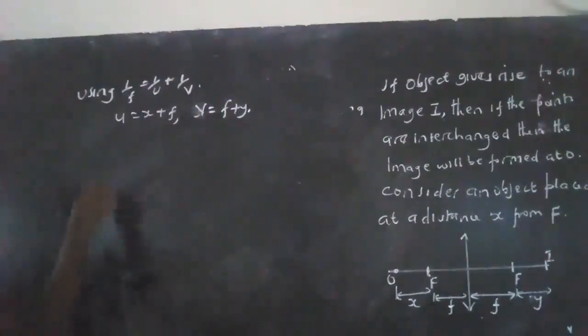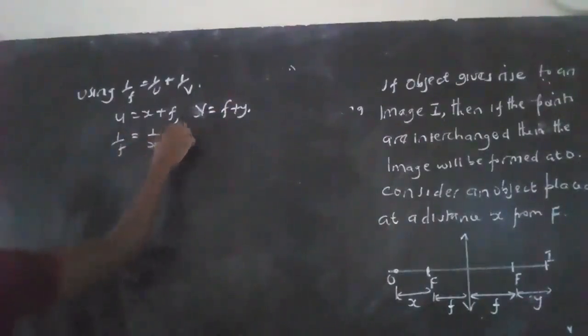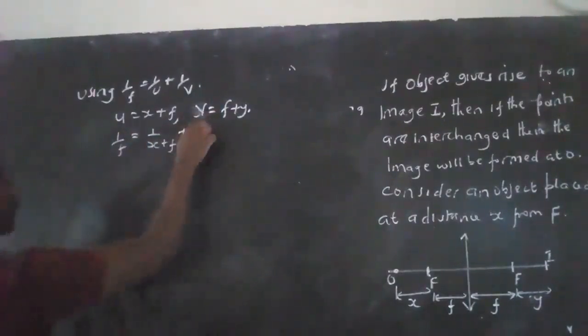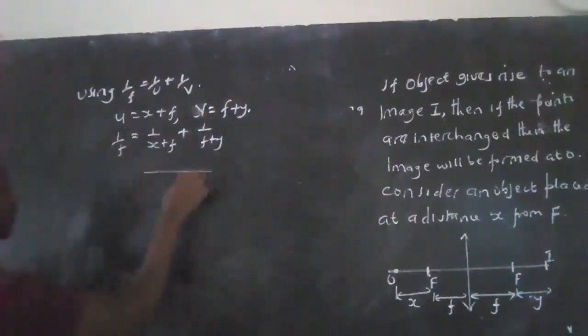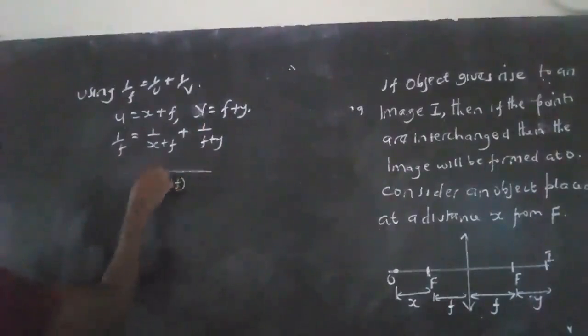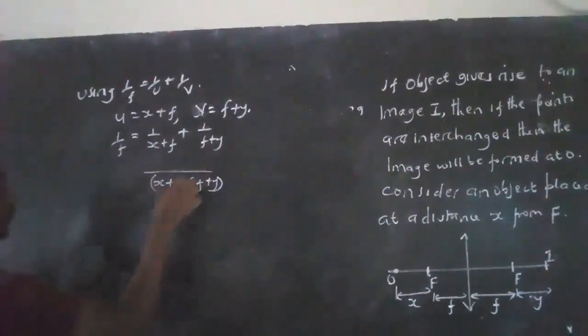So we substitute: 1 over f becomes 1 over x plus f plus 1 over f plus y. The LCM is x plus f into f plus y.